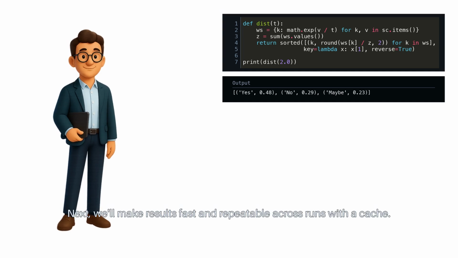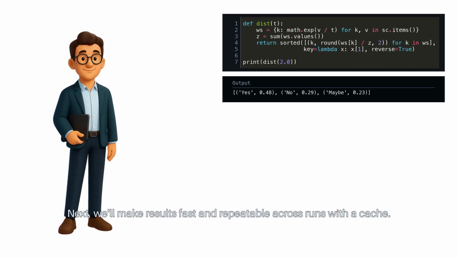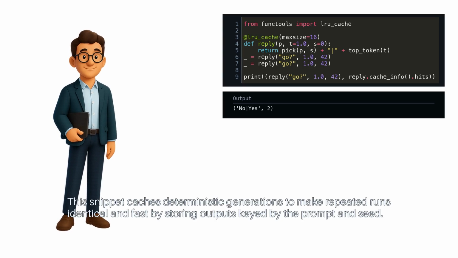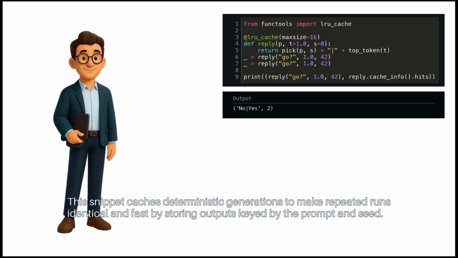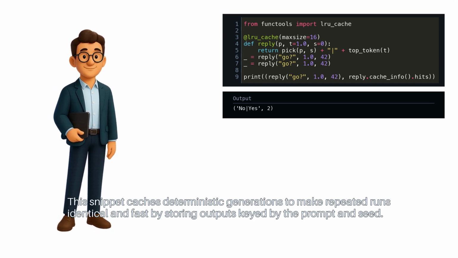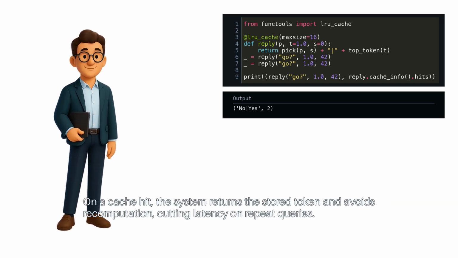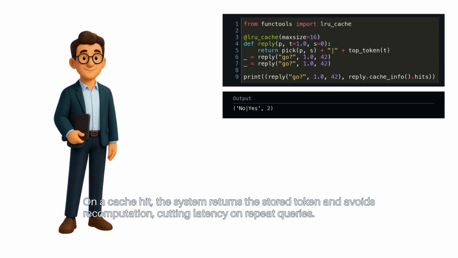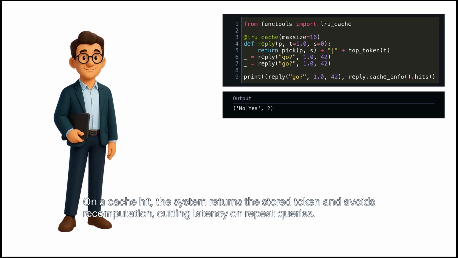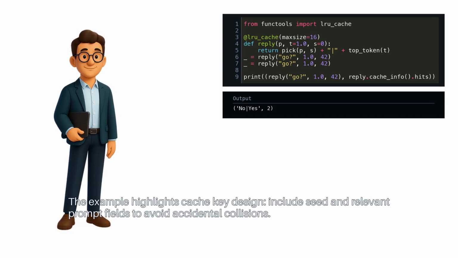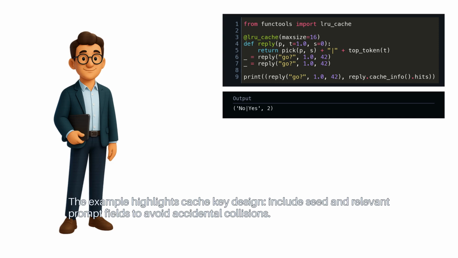Next, we'll make results fast and repeatable across runs with a cache. This snippet caches deterministic generations to make repeated runs identical and fast by storing outputs keyed by the prompt and seed. On a cache hit, the system returns the stored token and avoids recomputation, cutting latency on repeat queries. The example highlights cache key design.